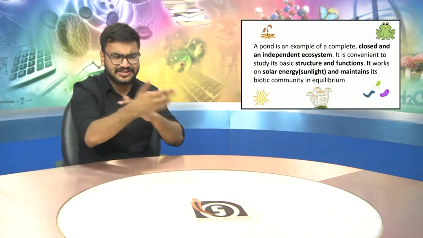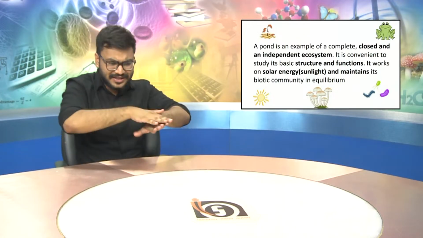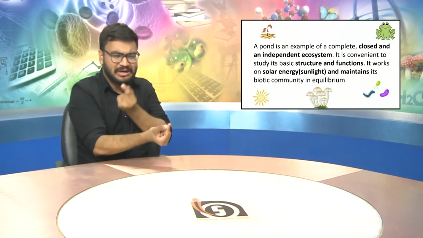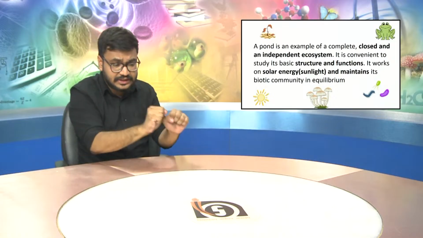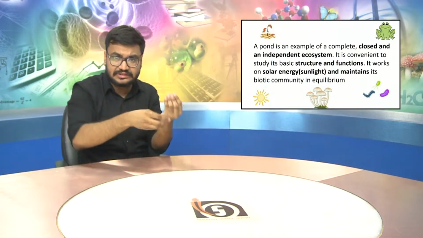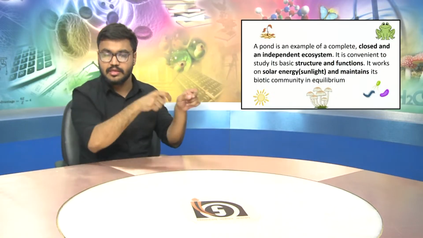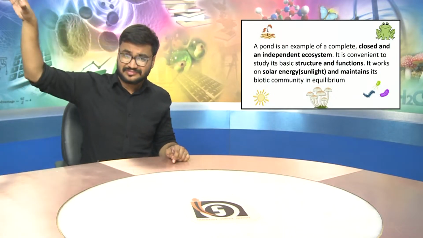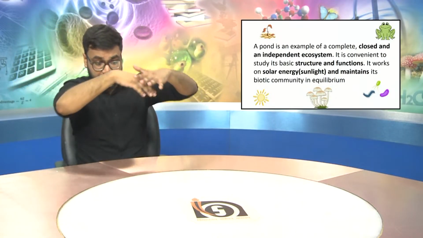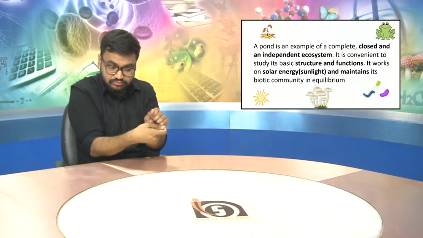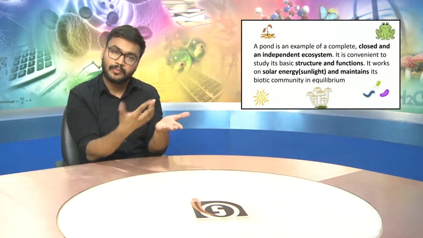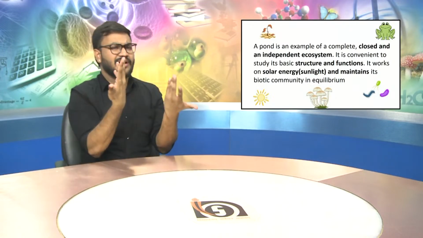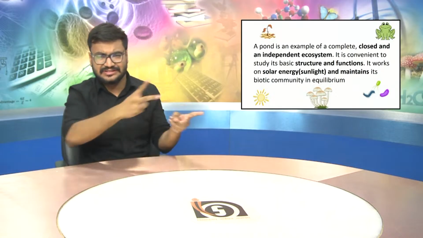A pond is an example of a complete, closed, and independent ecosystem. It is convenient to study its basic structure and function. It works on solar energy and maintains its biotic community in equilibrium.